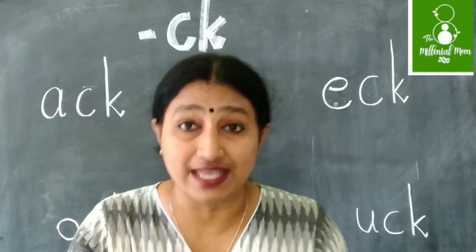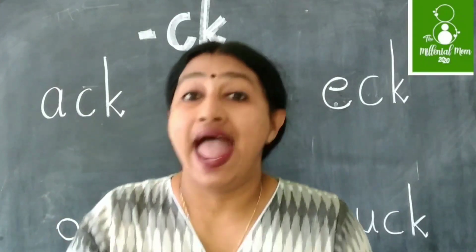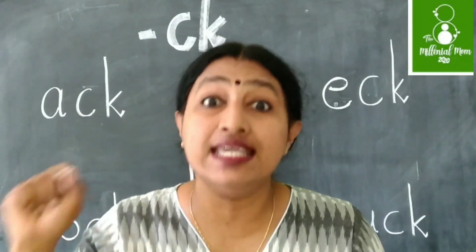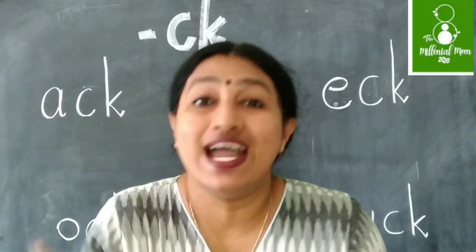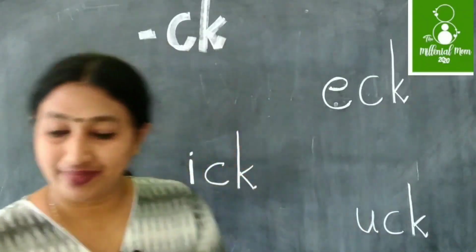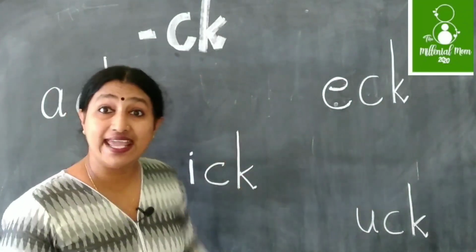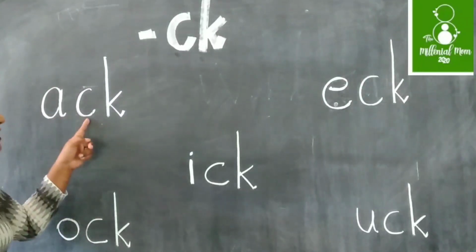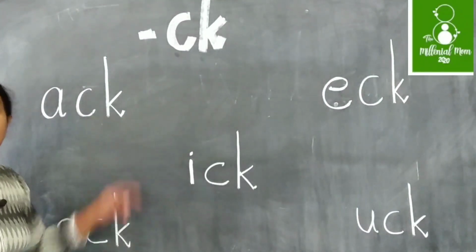Now the problem is, where do we use CK and how do we read words with CK? I am going to give you a secret of the CK word family. Now, we know the sound of CK is K. A-C-K.